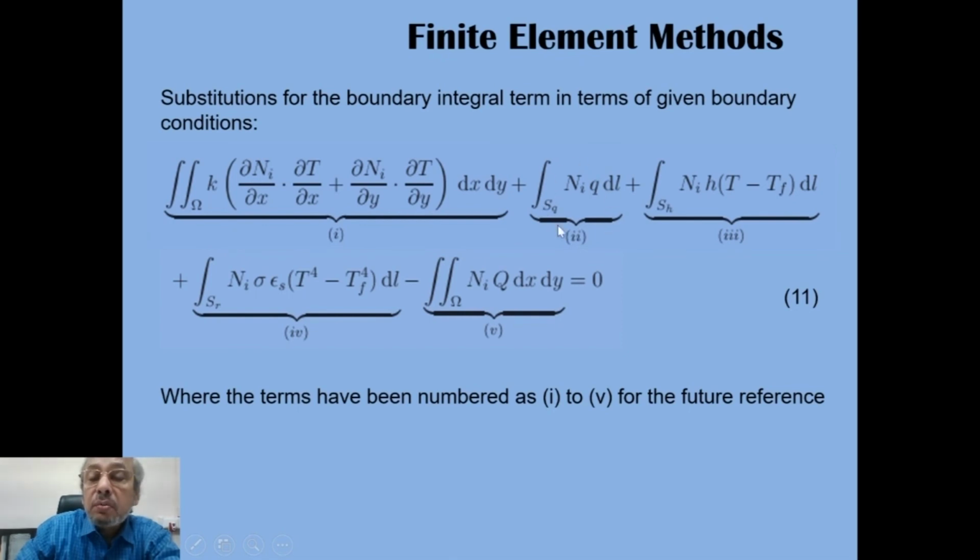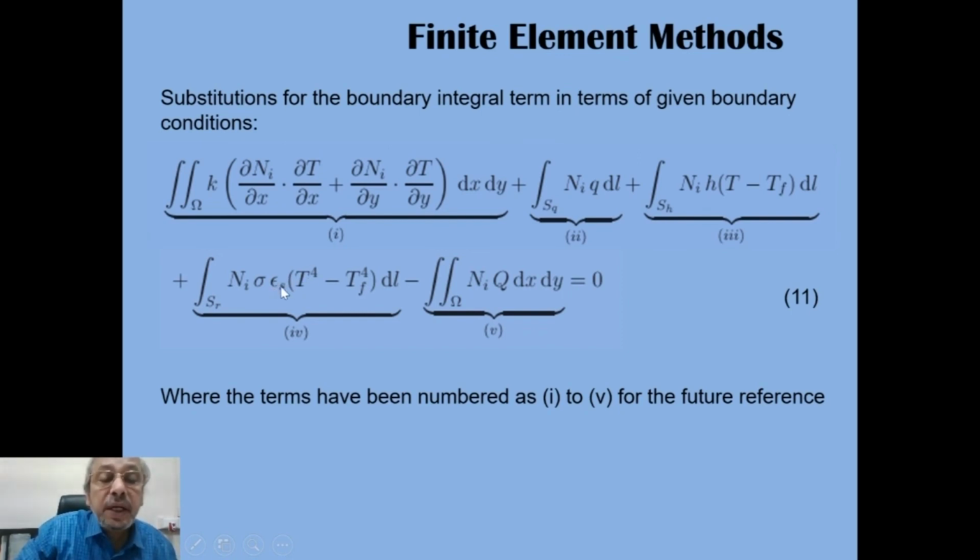So wherever that is known, or convective heat transfer condition, we have seen Ni into h (T minus Tf) dl, or radiative heat transfer condition Ni sigma, the Stefan-Boltzmann constant, epsilon, emissivity.